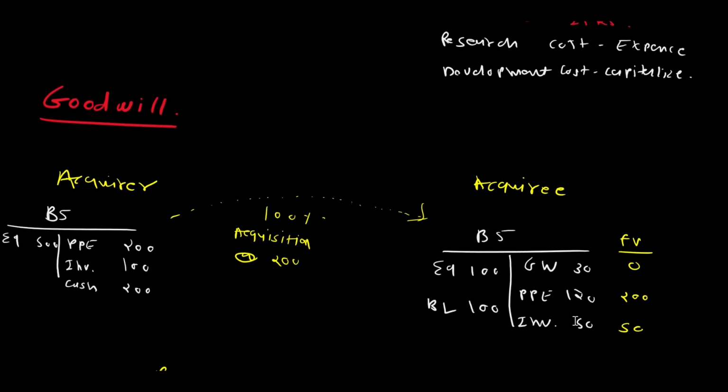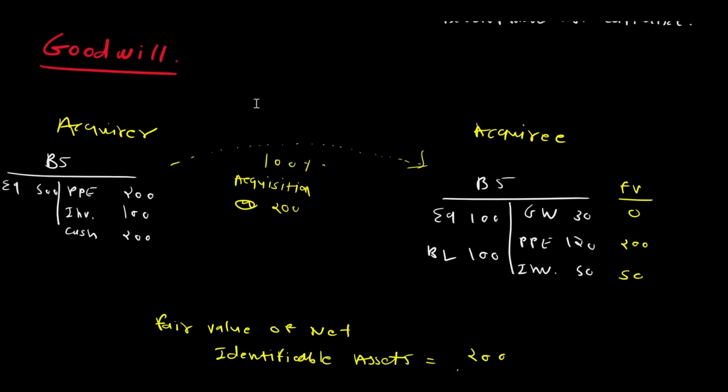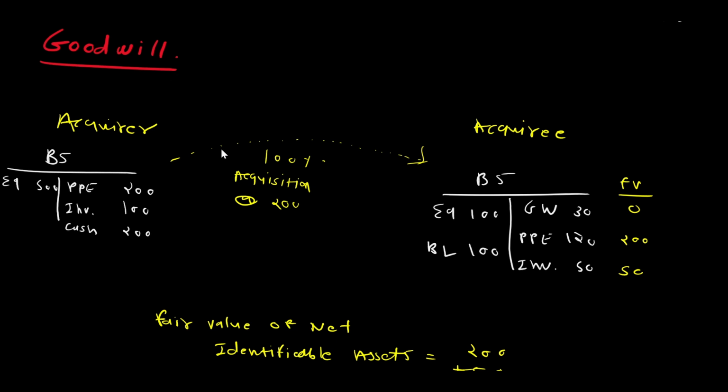Then we will discuss goodwill. So let's understand goodwill. Suppose I am an acquirer. This is my balance sheet: equity 500, PPE 200, investment 100, and cash is 200. And this is the company I want to acquire.